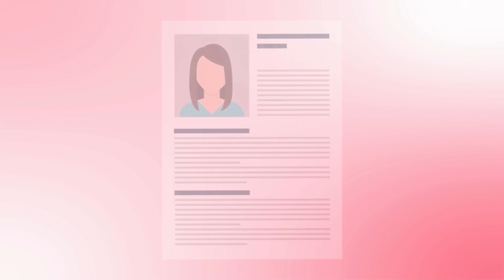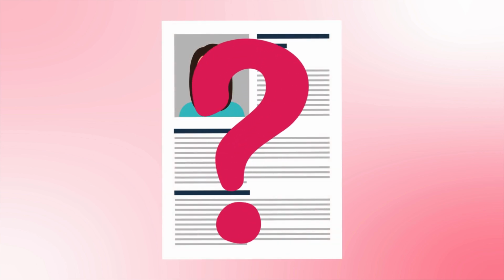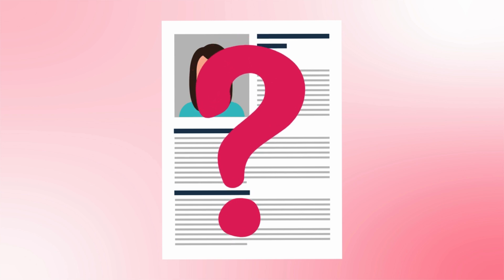What information should you include on a CV? A CV usually starts with personal information such as your full name, your contact details, which we suggest using your phone number, email address, and your current home address.